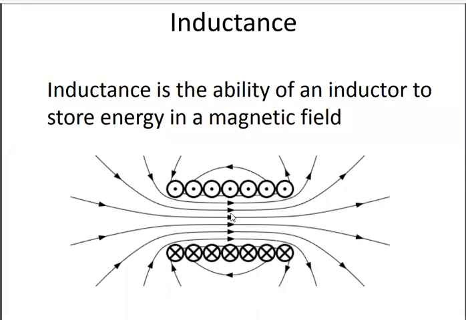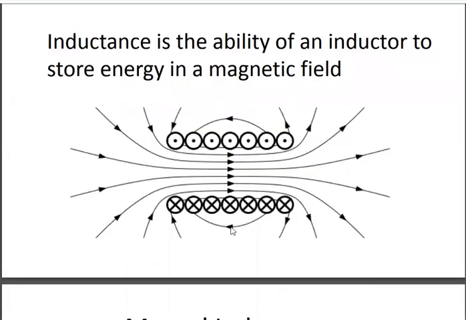So inductor is a device that, when connected in an alternating circuit carrying alternating current, converts the electrical energy into magnetic energy and stores it. Therefore, inductor also offers resistance.